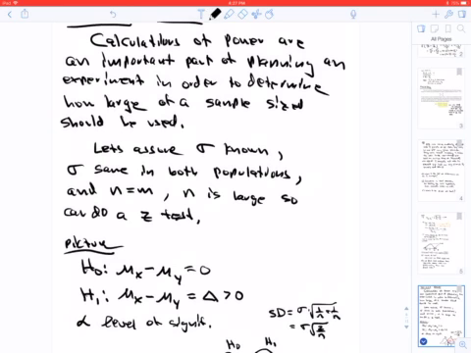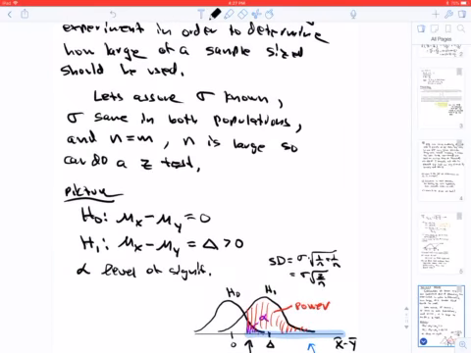To make things simple, we're going to assume a bunch of stuff here. Sigma is known. Sigma is the same in both populations.